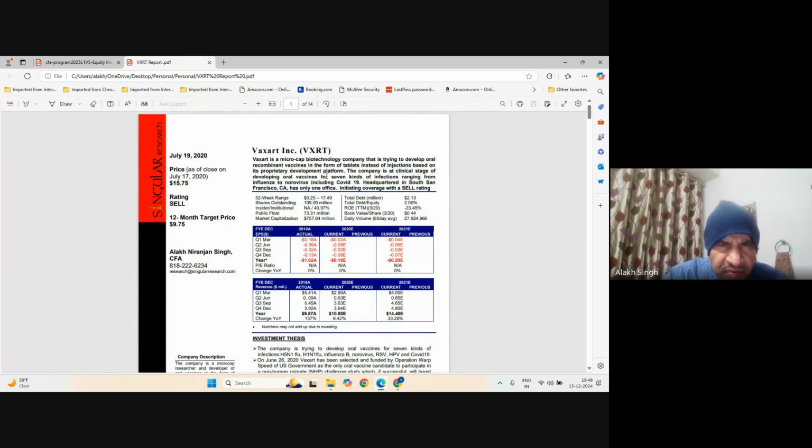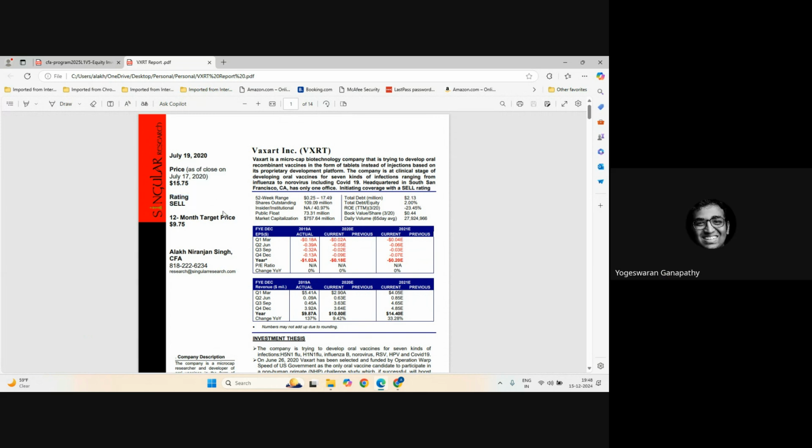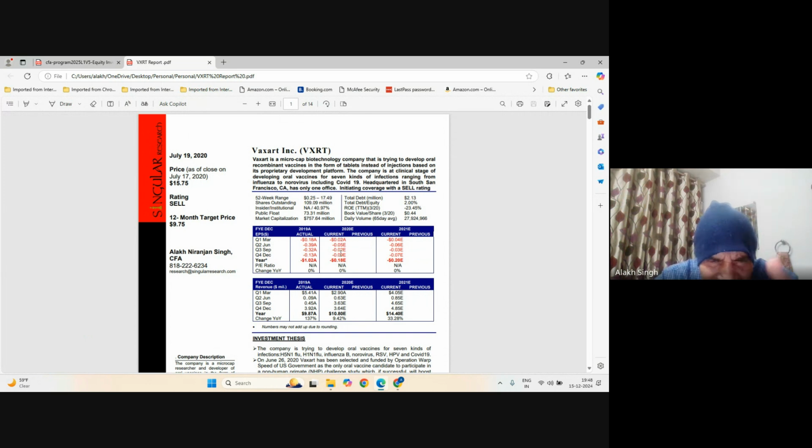So here, the starting price as at the close of July 17 was 15.75, and then I had recommended a sell rating. Here is the rating, no? I had recommended sell, and here all these are red. Then the 12-month target price, mine was definitely lower, 9.75.